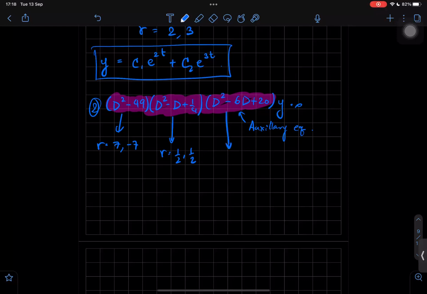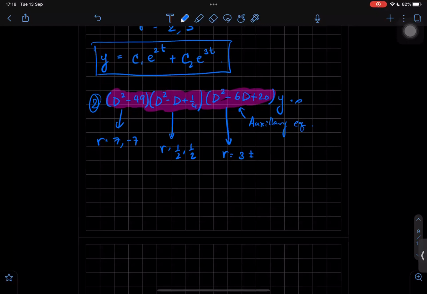And the last one is r equal to 3 plus 11i.